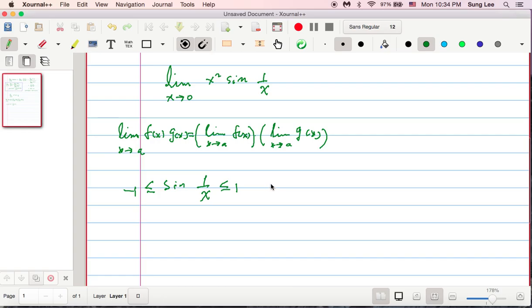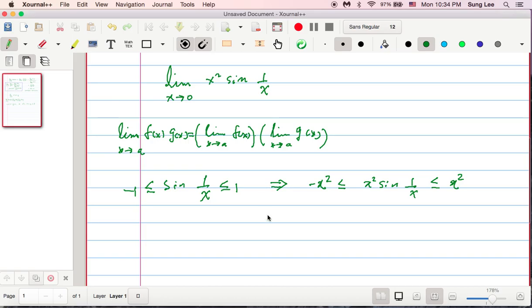So if you multiply each side of the inequality by the same non-negative number, in this case x squared, the left-hand side becomes negative x squared. The middle part becomes x squared sine 1 over x, and that's less than or equal to x squared. So we have this inequality.